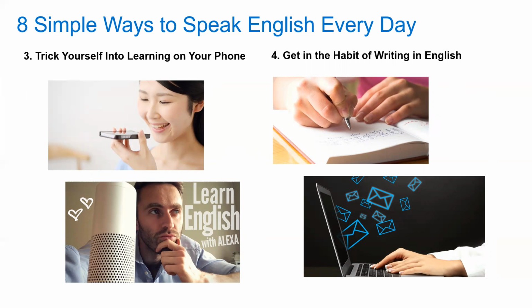Since you're already comfortable with your personal electronic devices, you will definitely look up words if you're not able to understand. If you're often browsing the internet, you can update your language of preference to English. So every time you want to hunt for some information, you will use English as the default language.